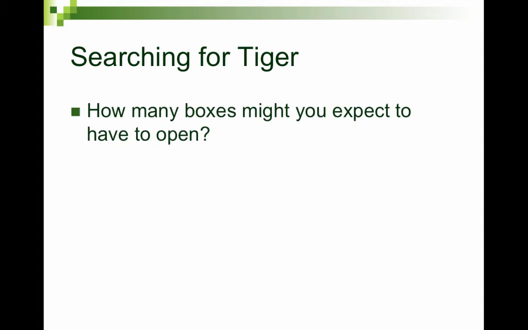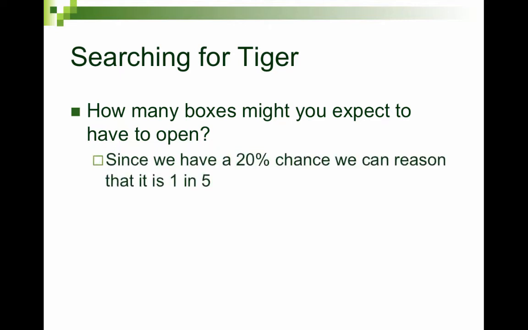Searching for Tiger. Looking at another example, how many boxes might you expect to have to open? Please note that we're looking at how many we expect to have to open. That's very similar to our expected value, same concept as our mean. In other words, how many boxes might you have to open on average? Since we have a 20% chance, we can reason that it's 1 in 5.